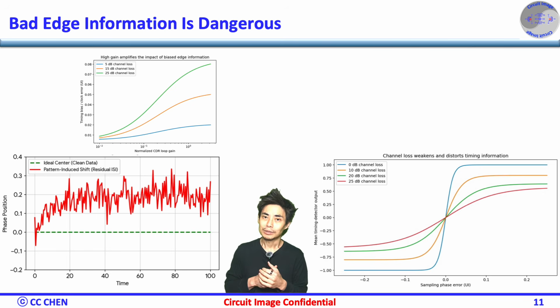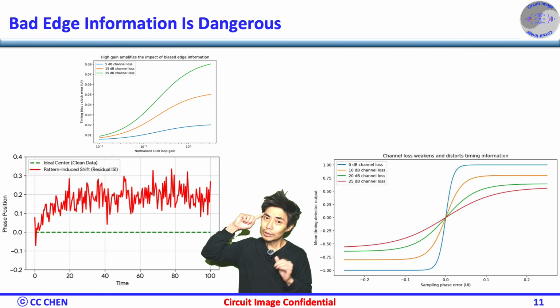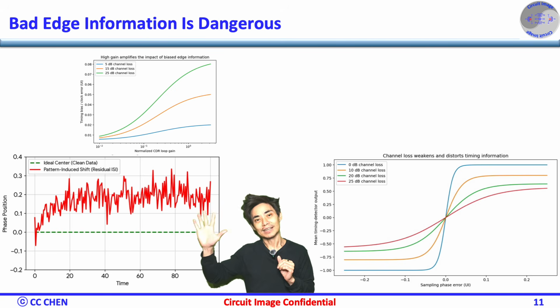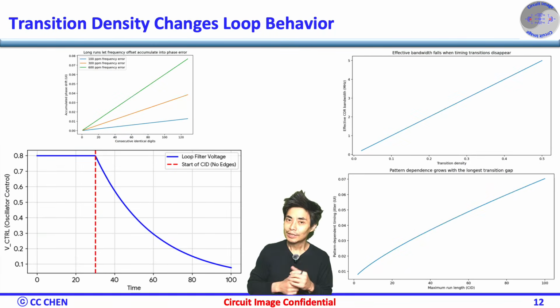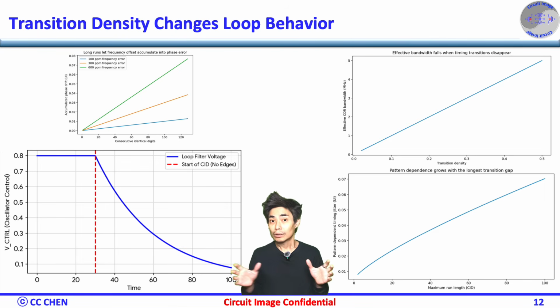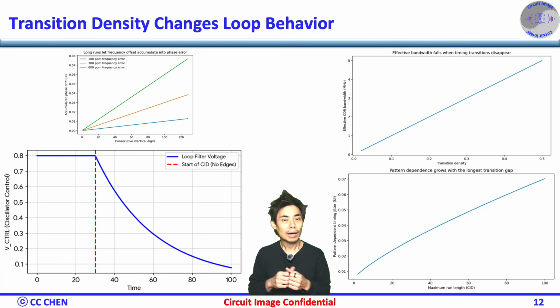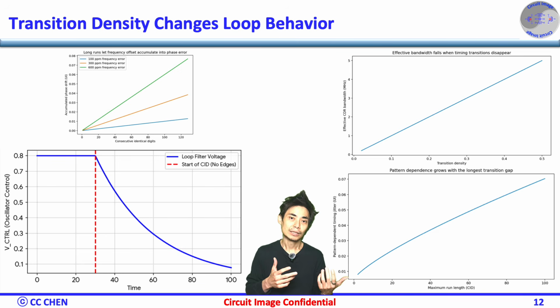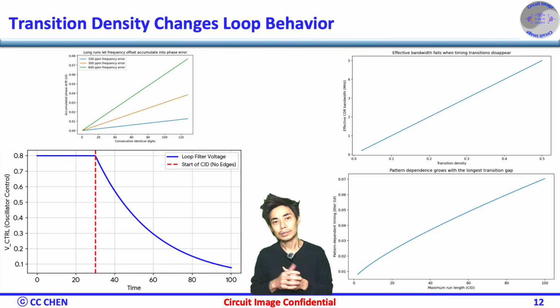For timing information, think about the transition density. Bingo, the CDR needs transitions to measure timing. During long runs of identical bits, there are no edges. The phase detector has no new timing information. Different CDRs handle this differently. Some hold the previous decision.